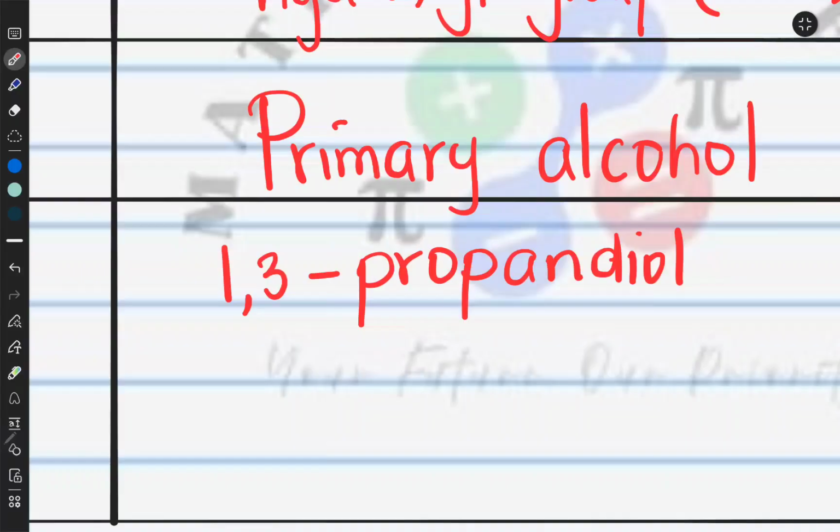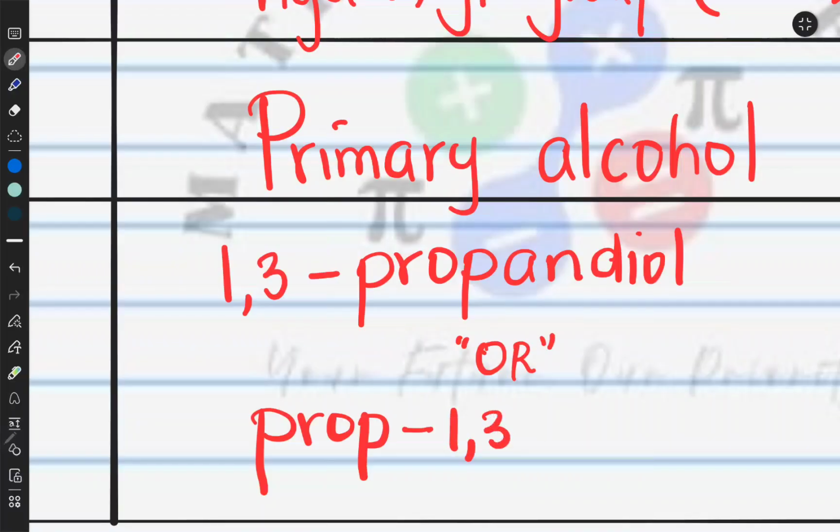All right. Or remember, you can name it such that you have prop, which is your stem name, the position of your hydroxyl groups, which is 1 and 3, and then the suffix, which is diol.